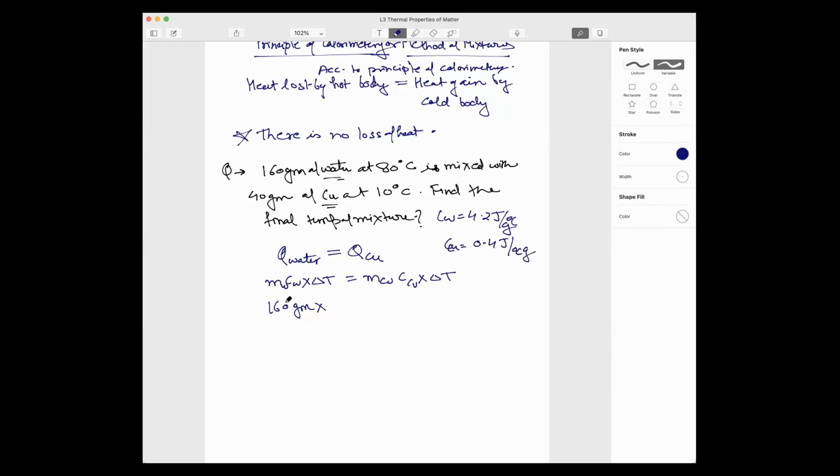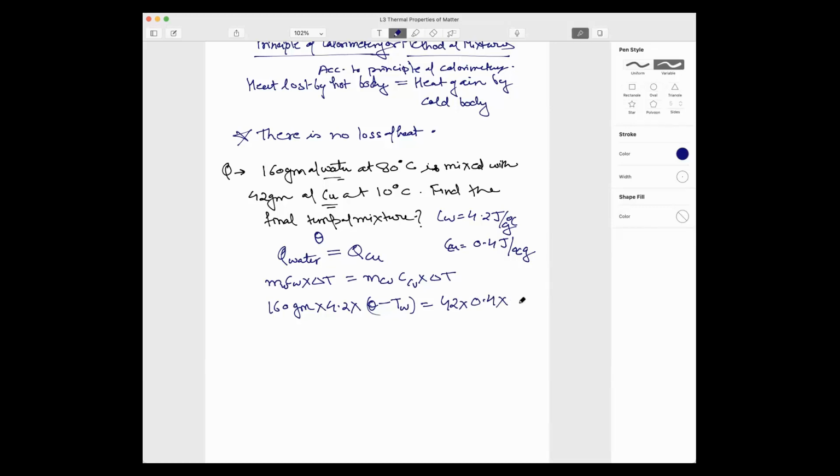So for water it's 4.2 into change in temperature. We don't know the final temperature, we need to find it, so let's consider the final temperature of the mixture is theta. So that is theta minus T of water is equal to mass of copper, that is 40 gram, into specific heat of copper, 0.4, into change in temperature.